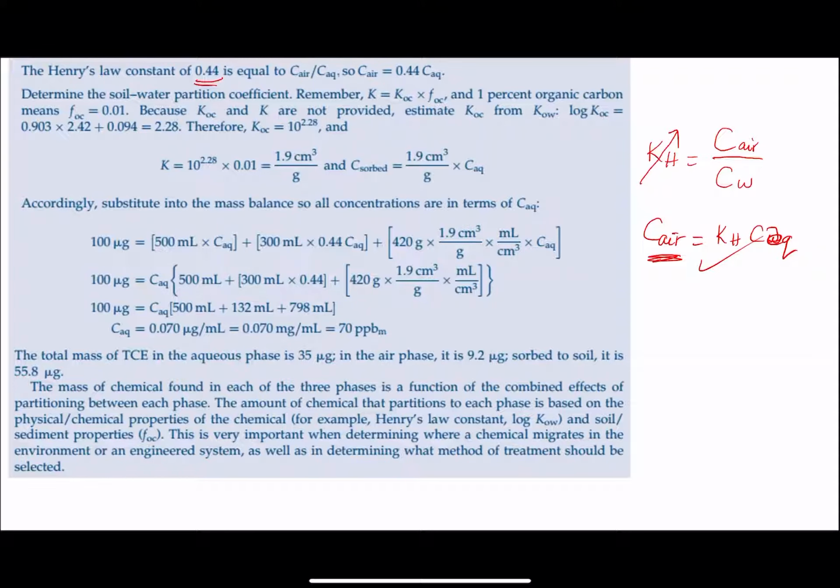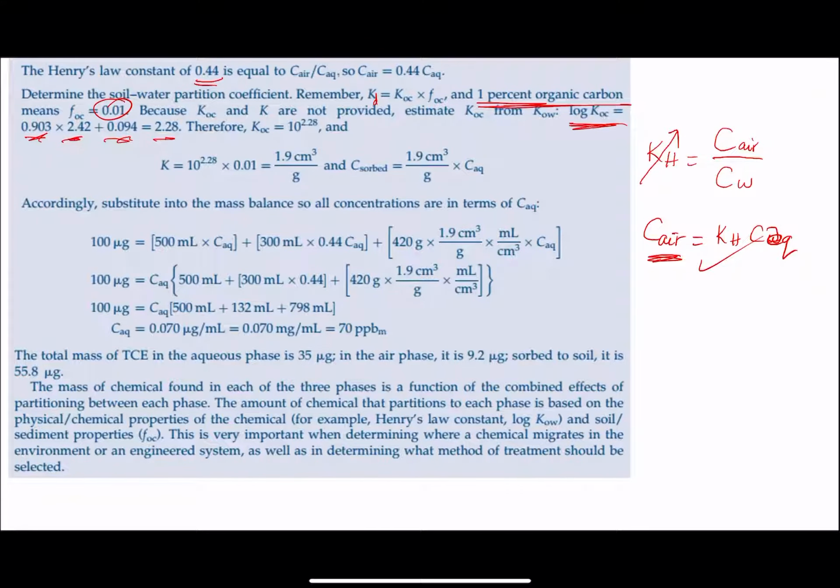Remember the KD is equal to KOC times FOC. And remember we have 1% organic carbon, so it's 1 over 100, which is 0.01 FOC. Remember KOC was also from the equation that log KOC is equal to 0.903 times log KOW, 2.42, plus 0.094.